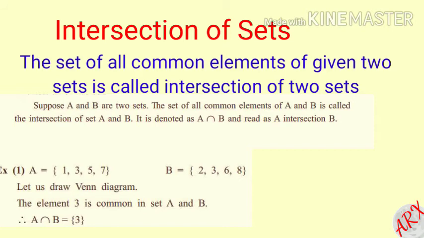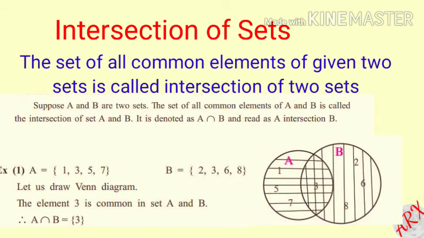For example, if A = {1, 3, 5, 7} and B = {2, 3, 6, 8}, then A ∩ B: in both the sets, 3 is common, hence A ∩ B = {3}. The Venn diagram can be drawn as you can see on the screen.